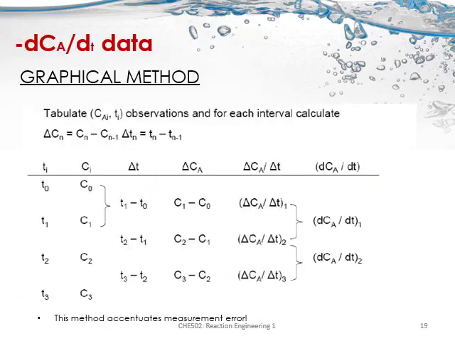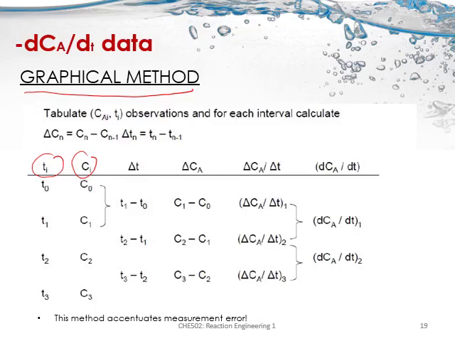We start with the graphical method, meaning you need to prepare graph paper. This is the summary. Tabulate CAi and ti, meaning the concentration at the respective time for each interval. Calculate delta C and delta t.